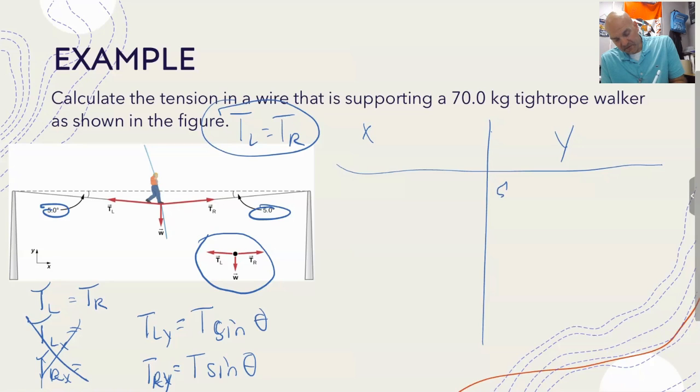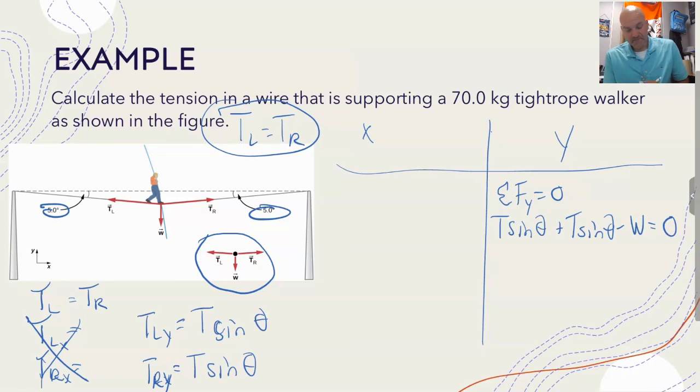And so the sum of the forces in the y direction is going to equal 0. And so I'd have T sine theta plus T sine theta minus W equals 0. But remember, this W is what we've called FG in our table.